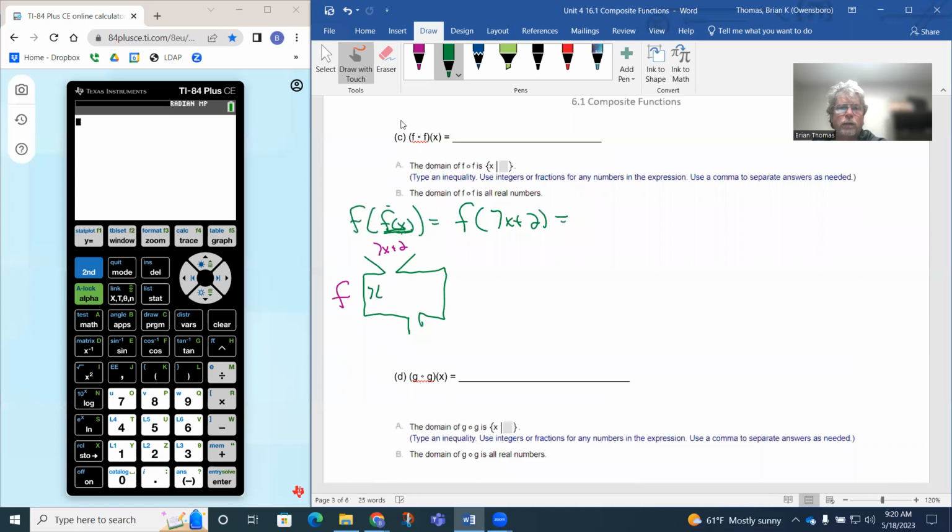So we're going to have this 7 times the quantity 7x plus 2 going in for x, and then we're going to be adding 2 to that.